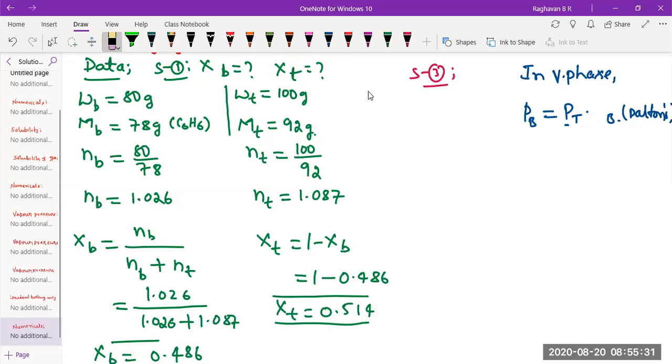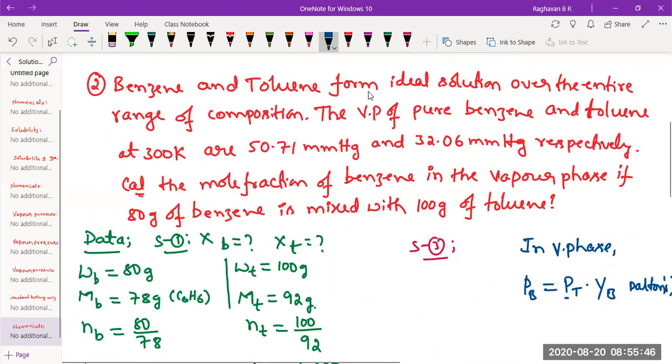Step 3. Instead of XB, I would write YB. Generally, books also give the vapor phase mole fraction as YB. Now the question is all about calculating the mole fraction of benzene in the vapor phase.